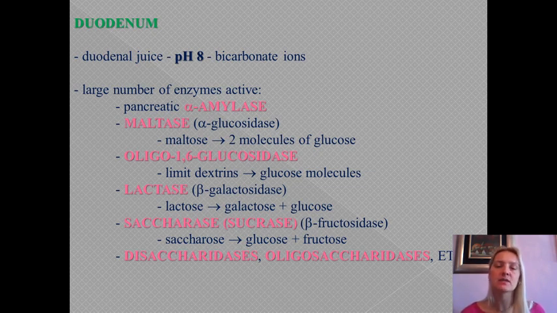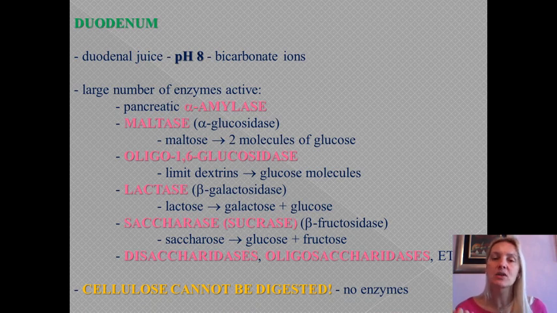At this point, I have to mention the molecule of cellulose with those beta-1,4 glycosidic bonds between molecules of glucose. Cellulose cannot be digested by the human gastrointestinal tract because we don't have specific enzymes capable of hydrolysis of the mentioned bond.